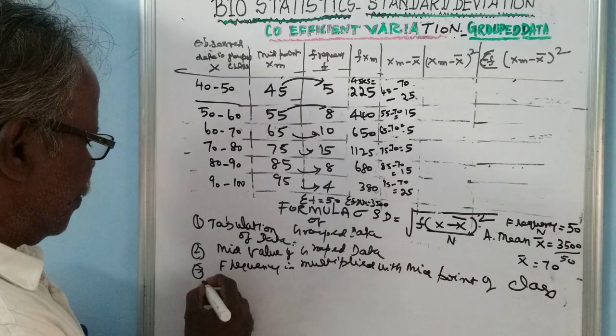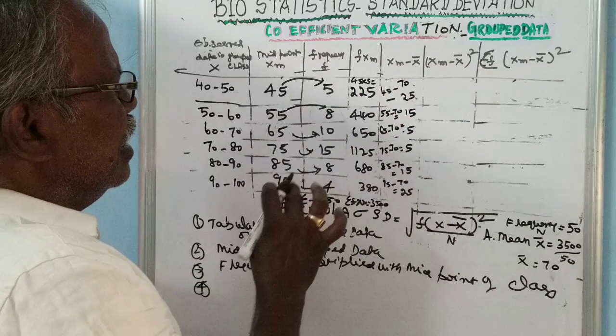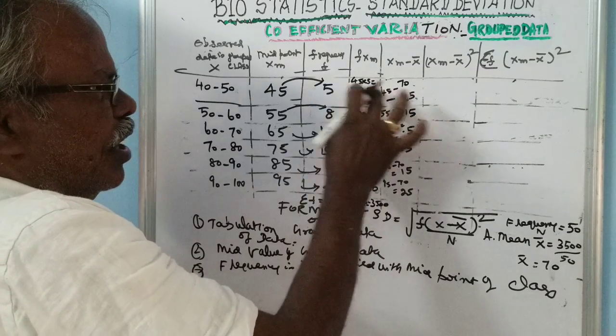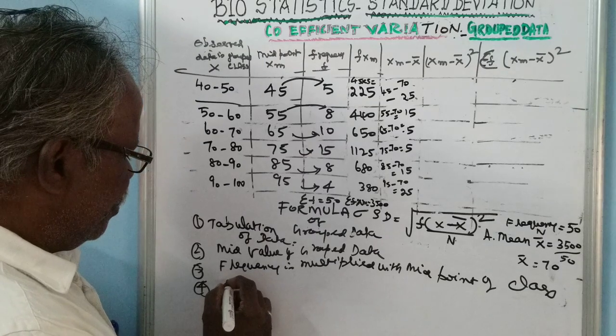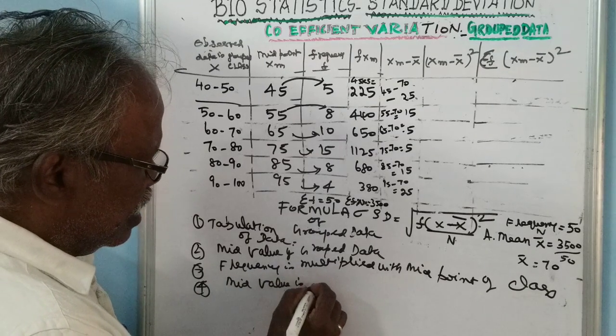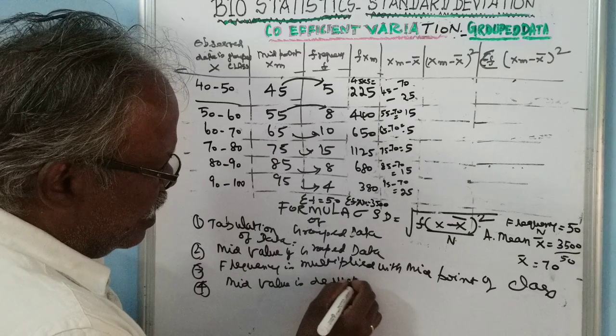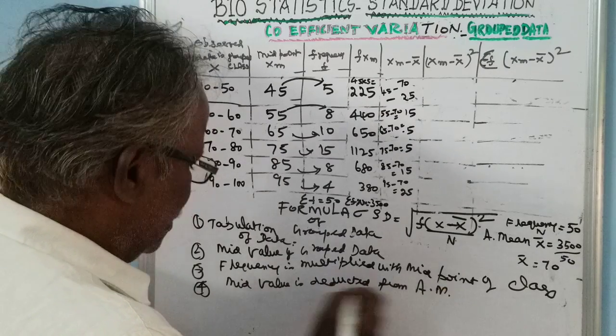Then fourth one, from the mid value we have to deduct the arithmetic mean. That is, the arithmetic mean is deducted from the mid value.